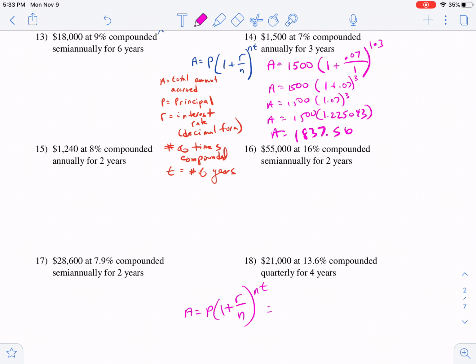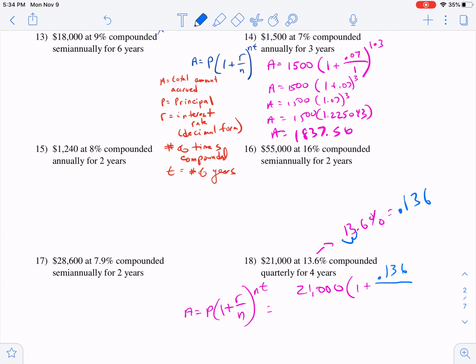What do I get? I get 21,000. That's my P, times 1 plus, what's my rate? 13.6. Well, 13.6% actually equals that decimal point going back over 2. So it's really 0.136.